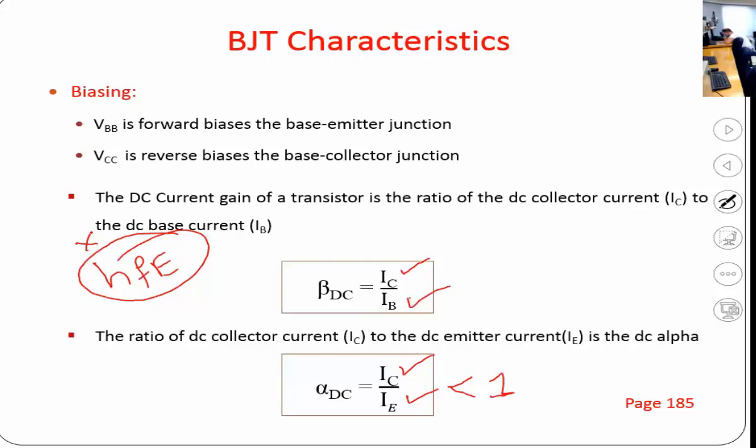Alpha DC is always going to be less than 1, since the denominator is always going to be larger. But beta DC is always more than 1, because collector current is always larger than base current. Base current is usually the small current. All right, so let me give you a couple of examples.